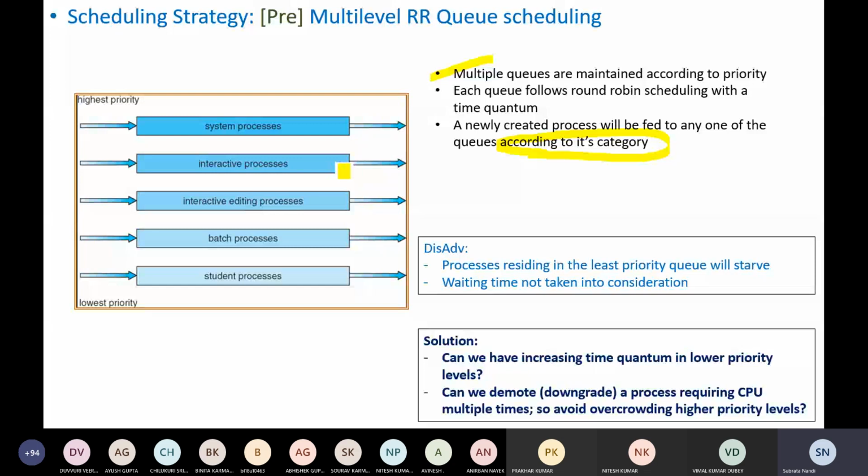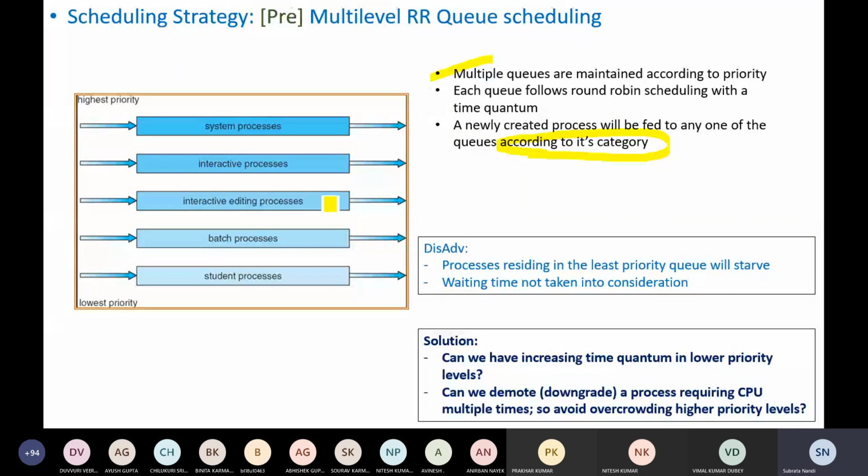Interactive editing comes next. The batch process is typically the CPU bound processes, so that will get the least priority, almost very low, because once they use the CPU they will not release it, and they will again join the queue, so they take multiple turns.